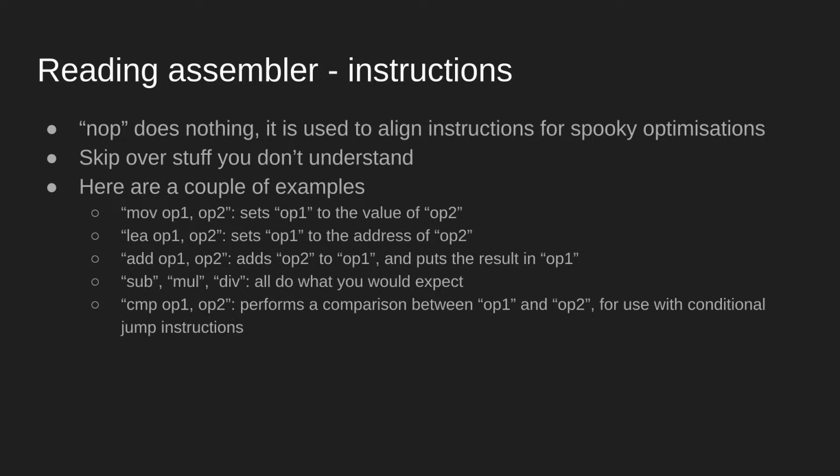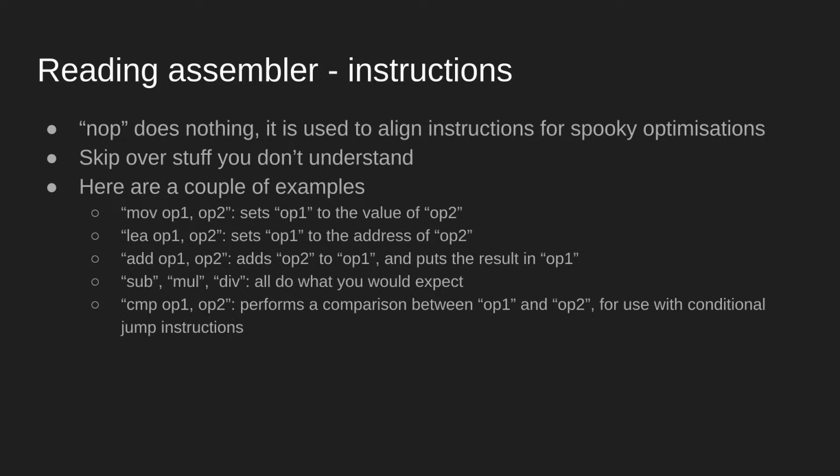Anyway, here's a couple of them. Mov op1 op2 sets op1 to the value of op2. It's the same as writing in Python op1 equals op2. LEA op1 op2 sets op1 to the address of op2. So this can be used for pointers and stuff in C and C++. Add op1 op2 adds op2 to op1 and then puts the result in op1.